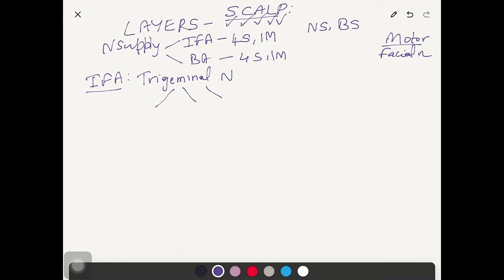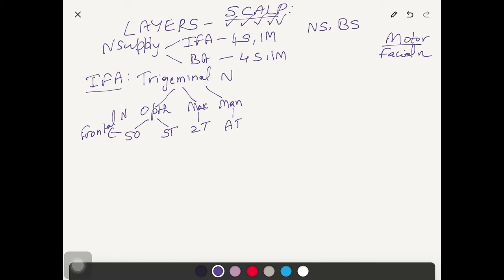What are the 3 divisions of the trigeminal? Ophthalmic, maxillary and mandibular. From the ophthalmic, supraorbital and supratrochlear, these are the branches of the frontal division of the ophthalmic nerve. Maxillary gives the zygomaticotemporal, mandibular gives the auriculotemporal.